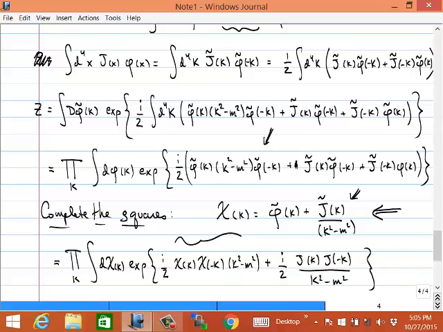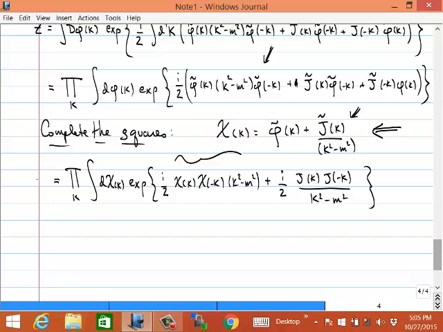The terms linear in chi cancel by design, and you're left with something quadratic in j. So now if I wanted to, I could go ahead and do the integral over the chi's.